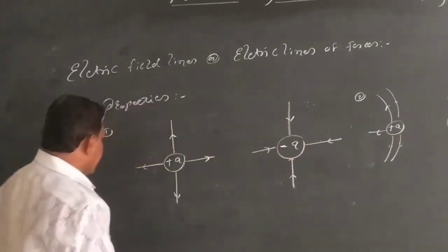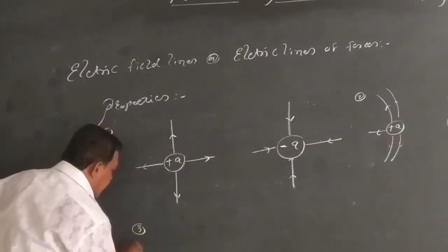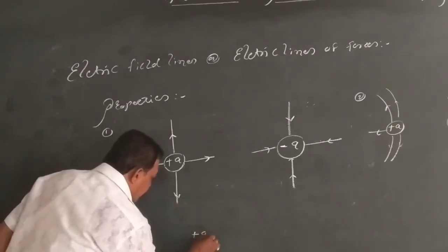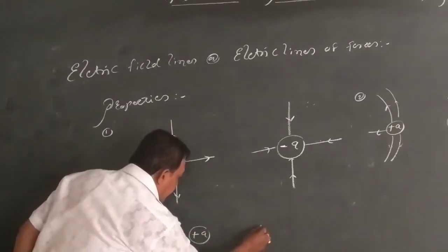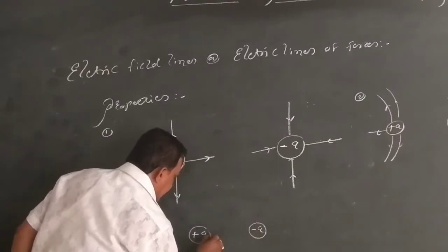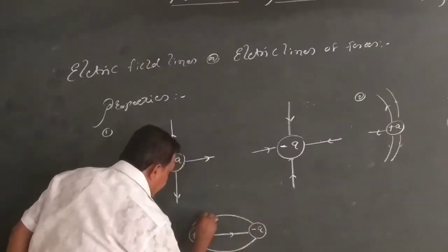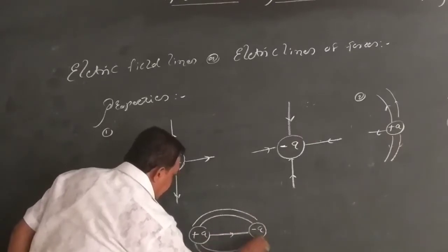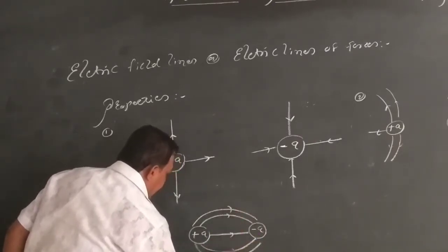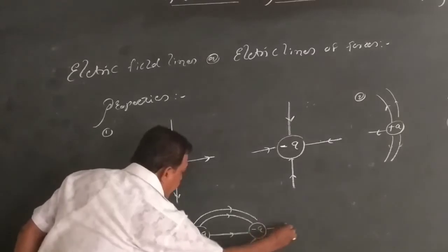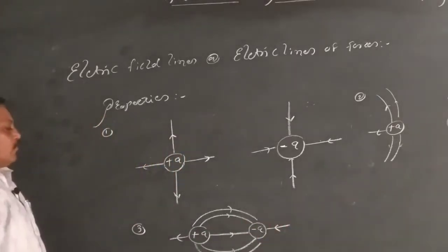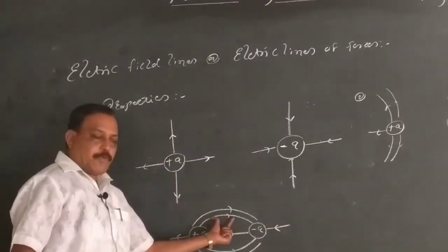If I take the third one like this, one is a positive charge, another one is a negative charge. The electric lines of forces are like this. Is it clear? From this figure, we can make one more property.